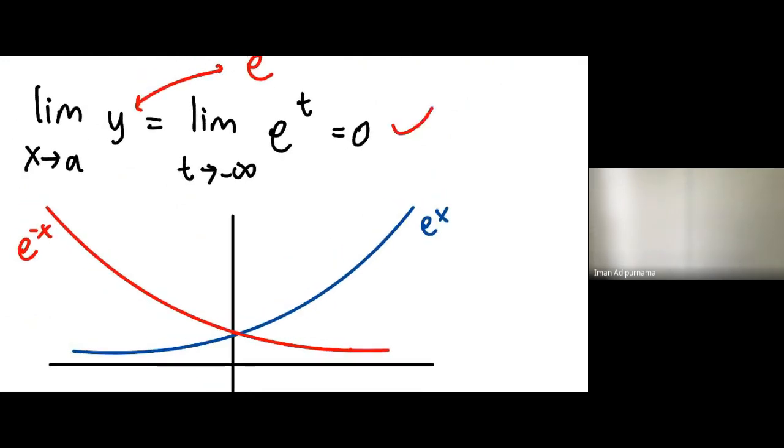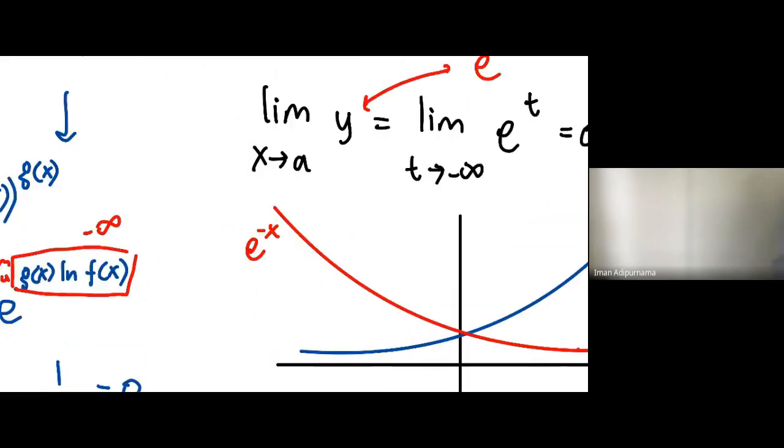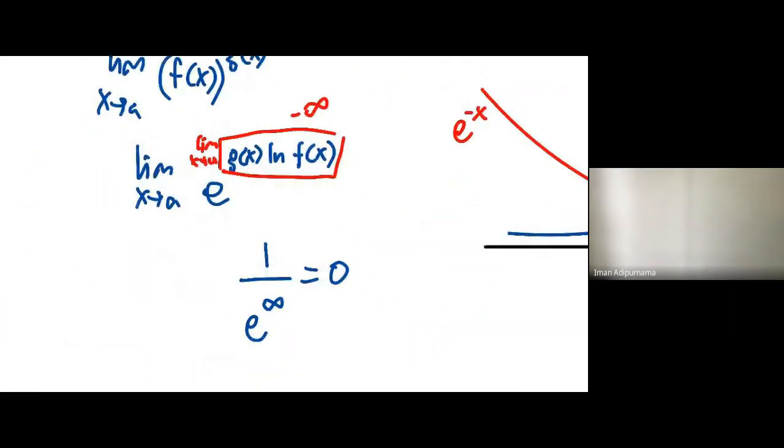You can look at the visual and imagine how x is changing, or you can look at the result here. You have negative infinity as your result from the previous calculations, and you have e. It's simply 1 over e with power infinity, and in the limit this will be 0.